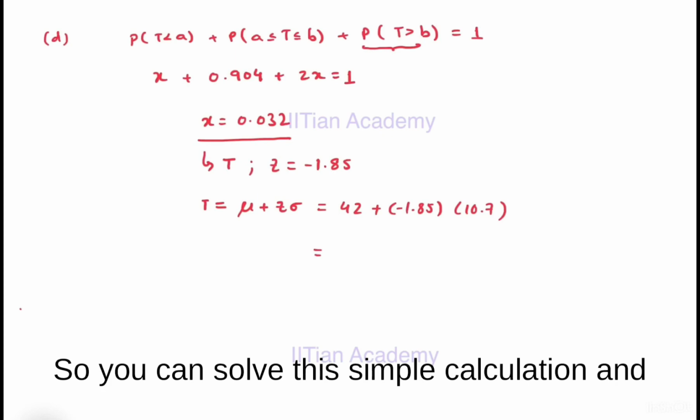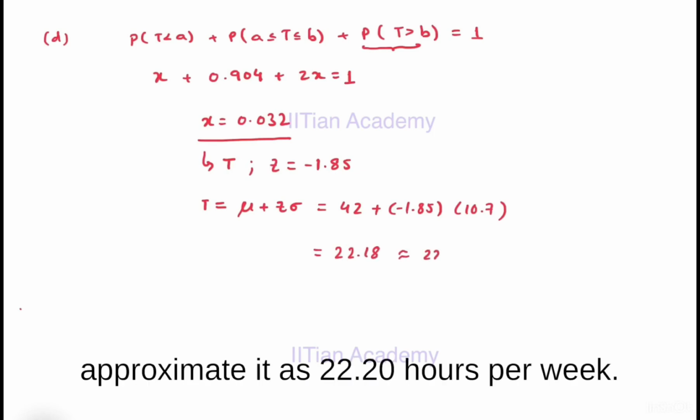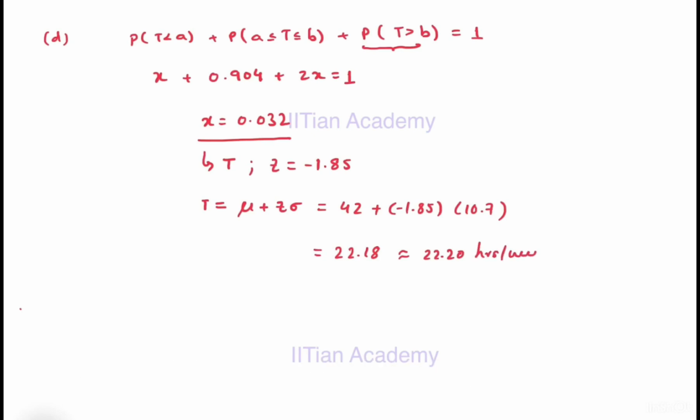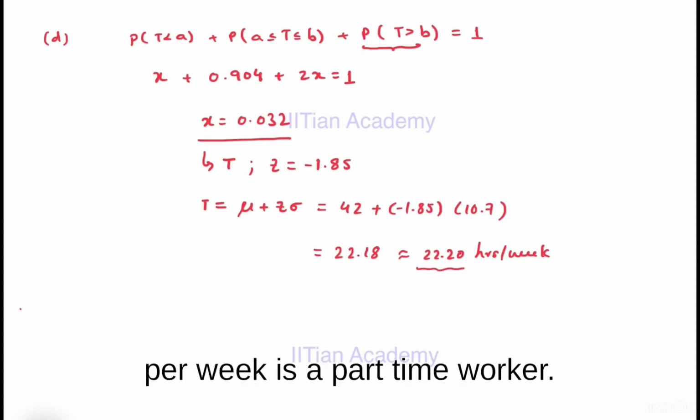So you can solve this simple calculation and find the value as 22.18, or you can approximate it as 22.20 hours per week. So anyone working for less than 22.20 hours per week is a part-time worker.